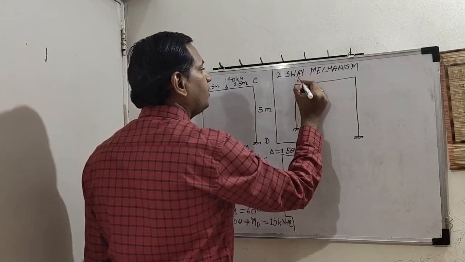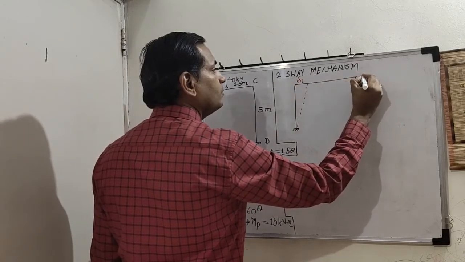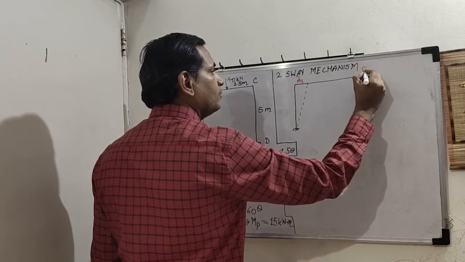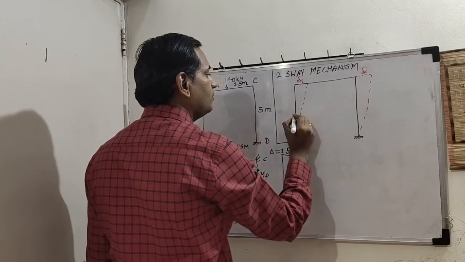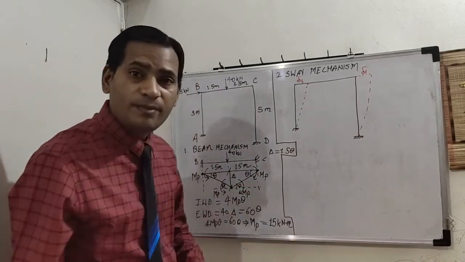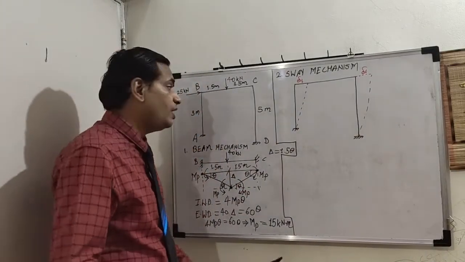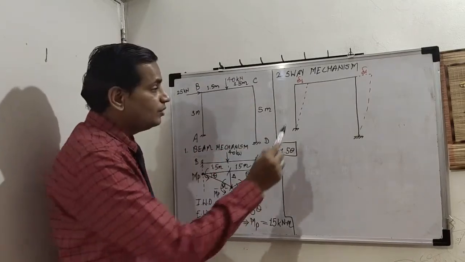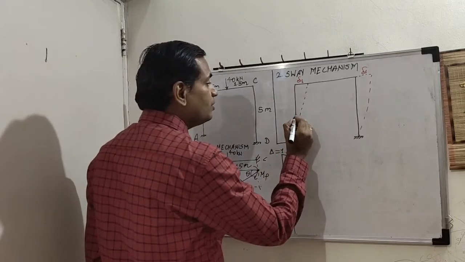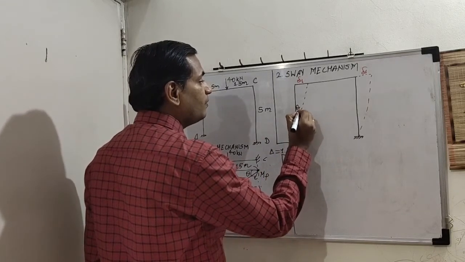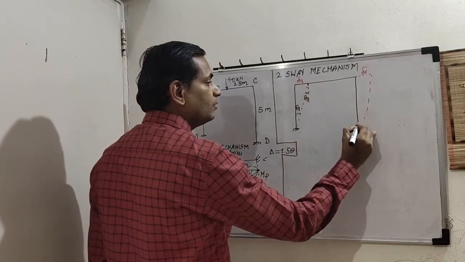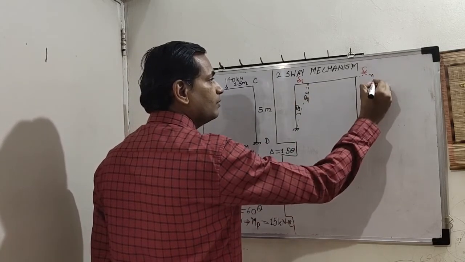So this is delta 1. Now these angles will be different, not like the previous frame. Previous frames were having equal heights. So these theta values were the same on both the columns. Now here this is different. Why? Heights are different. So this we shall say theta 1. This has theta 2. Okay.